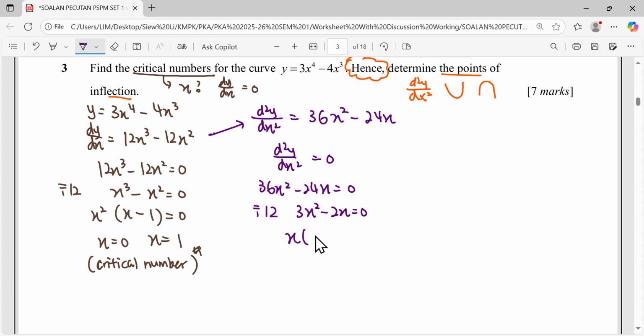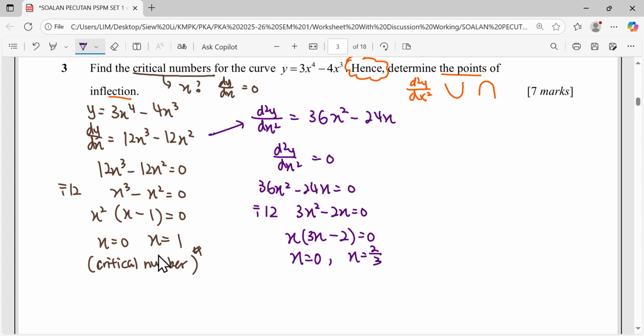We factorize out x, and this gives x(3x minus 2). So x equals 0 and x equals 2/3; there might be an inflection point there also. So why do we need this?